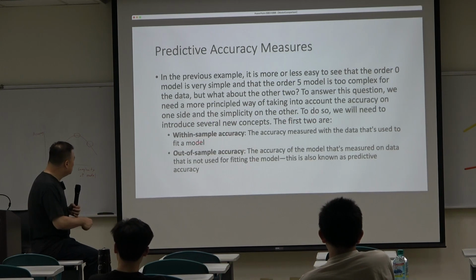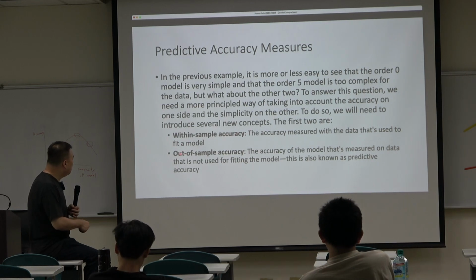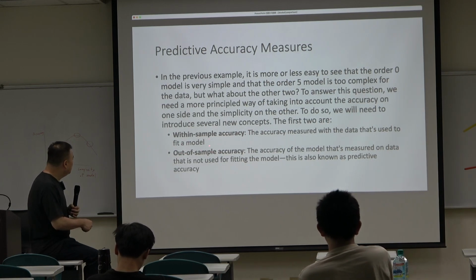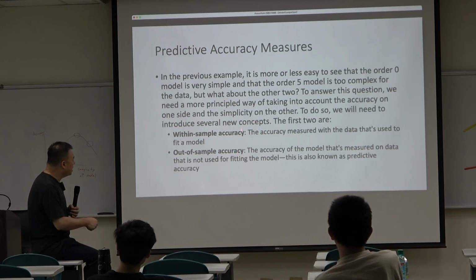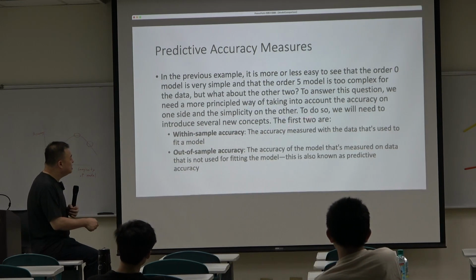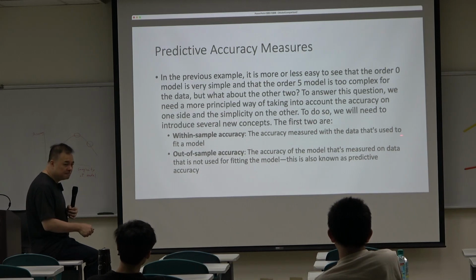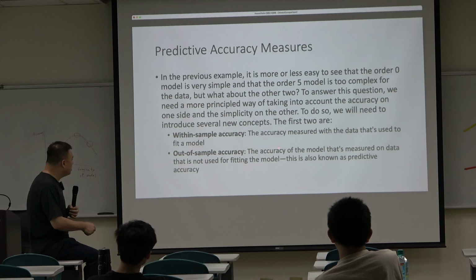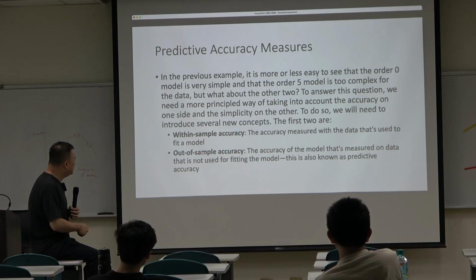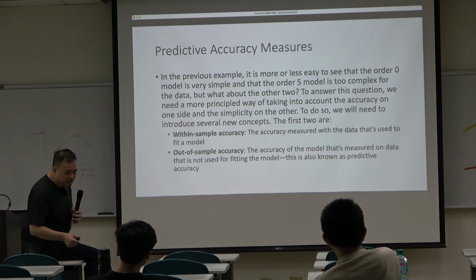The first two are within-sample accuracy and out-of-sample accuracy. The within-sample accuracy is the accuracy you measure from the training data. The out-of-sample accuracy is the accuracy you measure from data that is not used for the training.